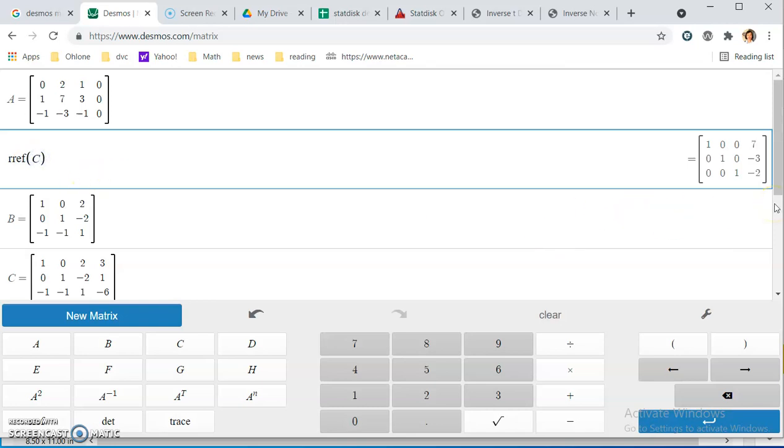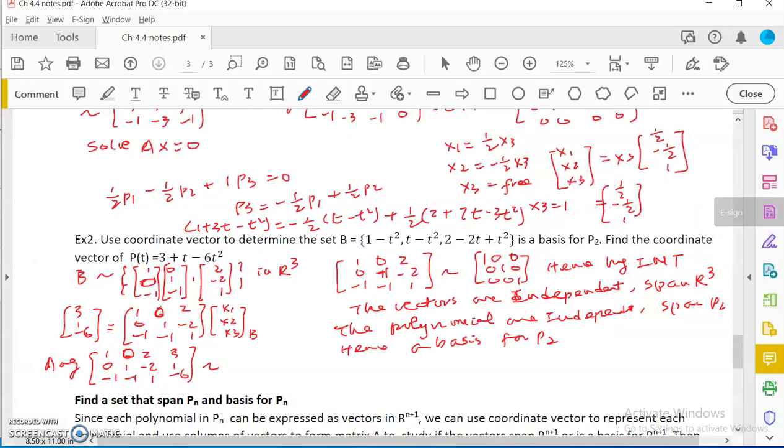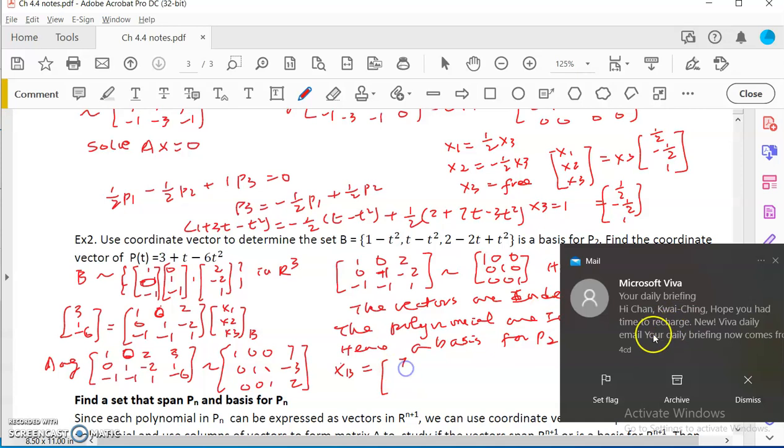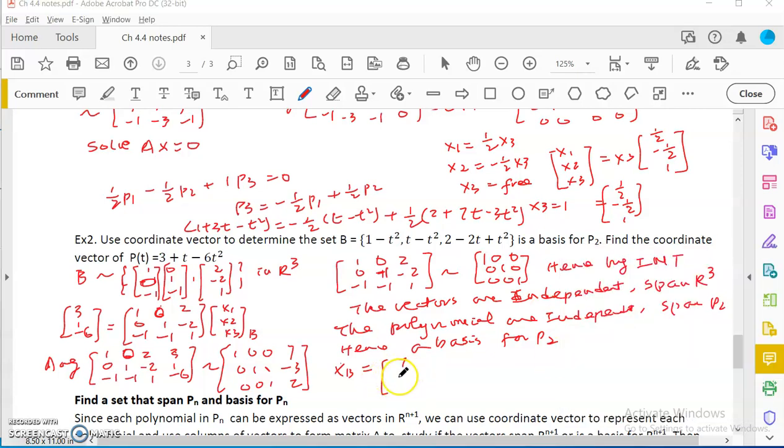The answer is 1, 0, 0, 7, then 0, 1, 0, negative 3, and 0, 0, 1, 2. So there should always be one answer. So x_B is equal to 7, negative 3, 2. This is the coordinate vector of p(t).